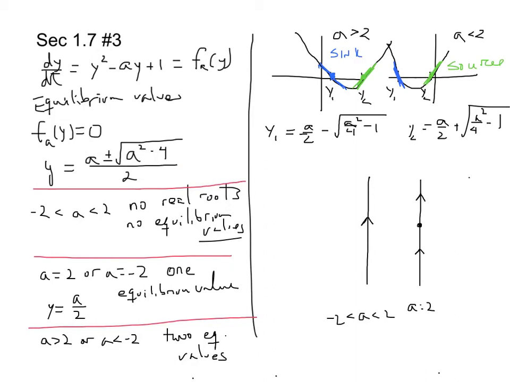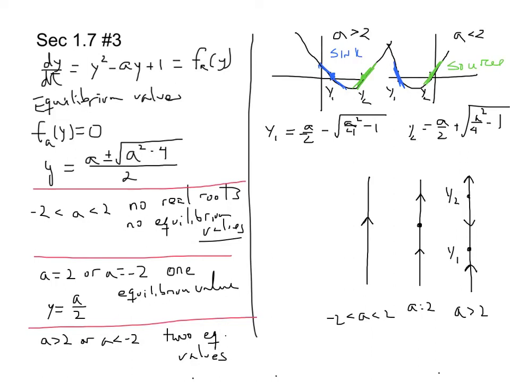And when I'm bigger than 2, I introduce two equilibrium values. My y2 is bigger than my y1. y1 is a sink, meaning the values approach it, and y2 is a source.